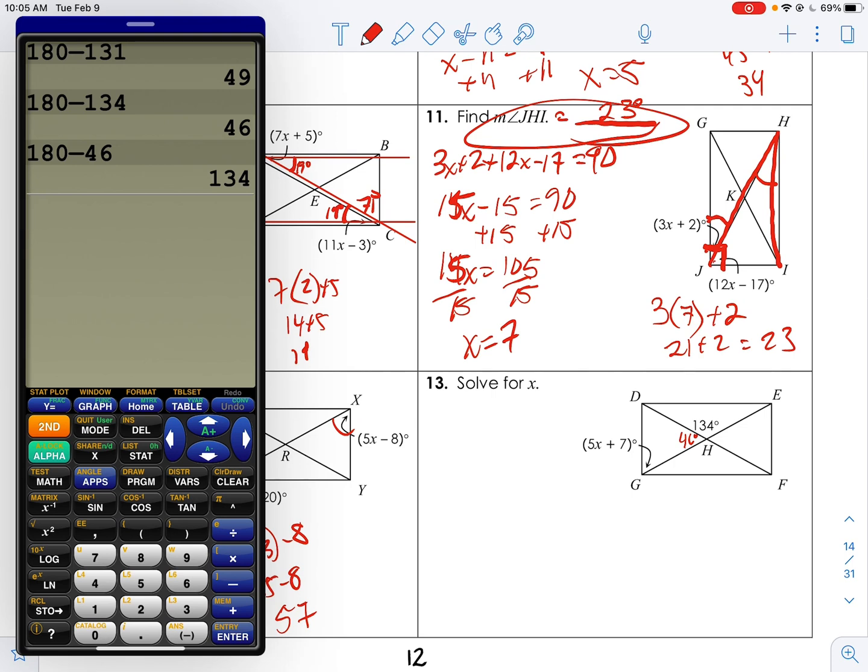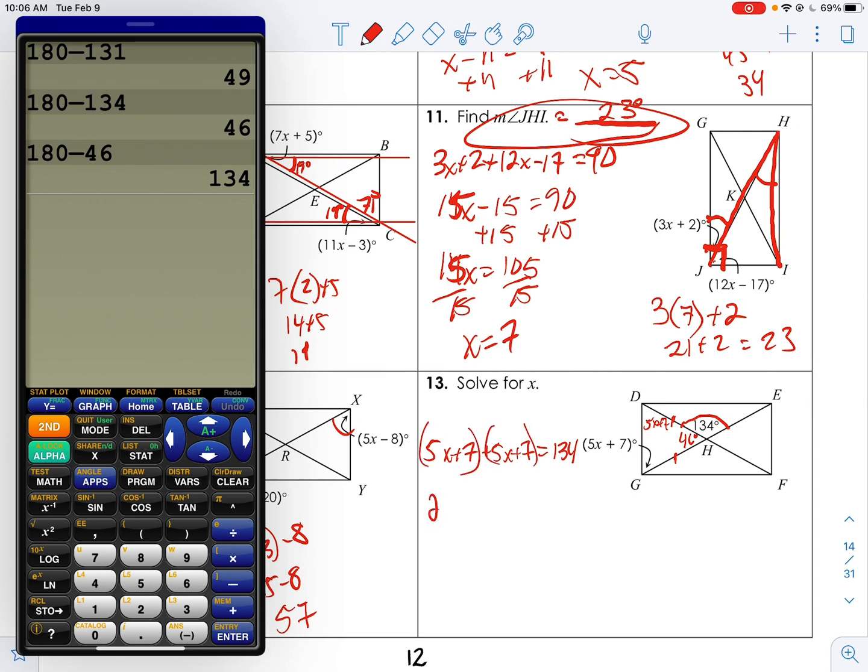So these, oh yeah, remember that thing. The exterior angle, so this guy out here, the exterior angle is equal to the sum of the non-adjacent angles. Now, since this is going to be equal to that, we also know that this is 5x plus 7. And so we know 5x plus 7 plus 5x plus 7 equals 134.